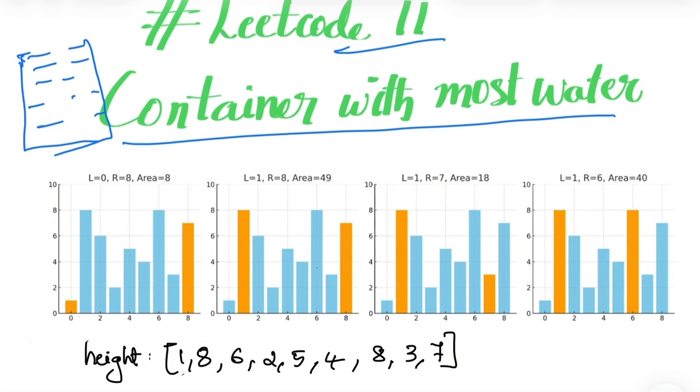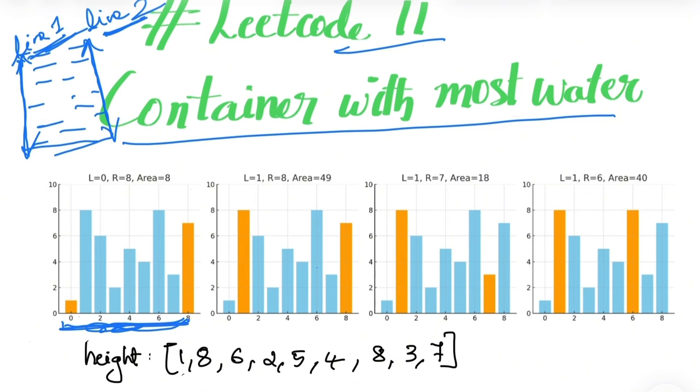Imagine this vertical line is line 1 and this vertical line is line 2. We have to see which two lines from the given array will hold the maximum water in the form of a container.